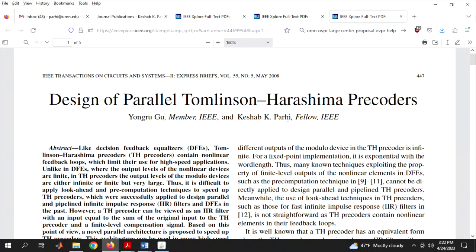Okay, so the so-called Tomlinson-Harashima precoders, and this is part of the 10 gigabit Ethernet standard IEEE 802.3an.